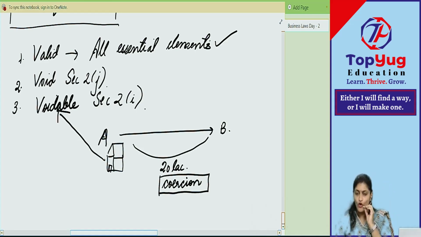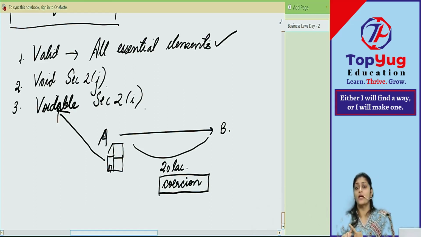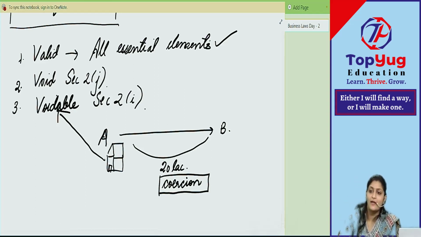Contracts which are enforceable at the option of one or more parties, but not at the option of other or others. Now, what do you mean by at the option of one or more parties? That means now there are two parties here. One party is known as the defaulting party. Defaulting party means who is doing the wrong here. Another party is known as what here? Aggrieved party. That means the party who is suffering.